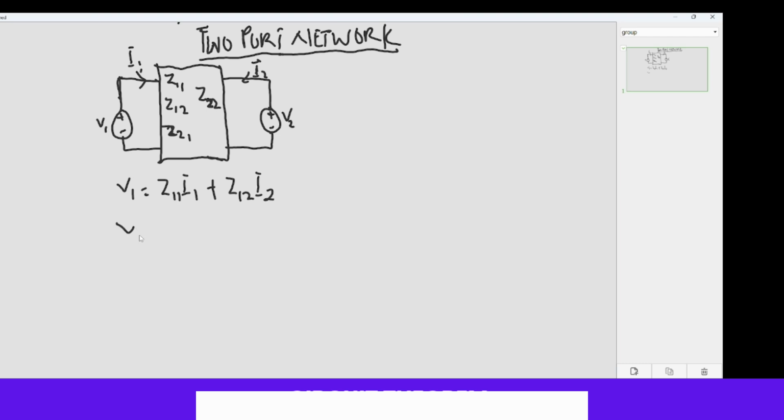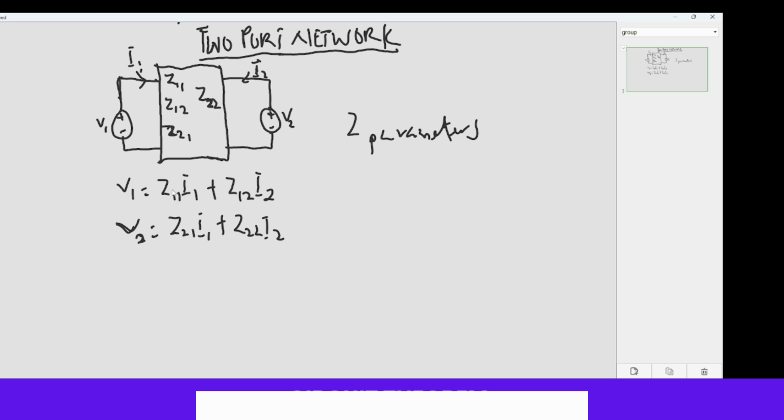And we have our V2, which is equal to Z21 times I1 plus Z22 times I2. And since this is focusing on Z parameters, we would use our two-port network to find the impedance parameters of this complicated system.